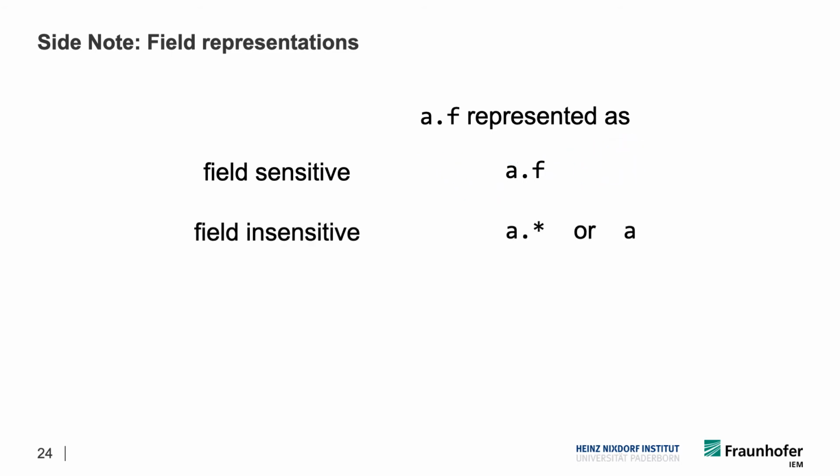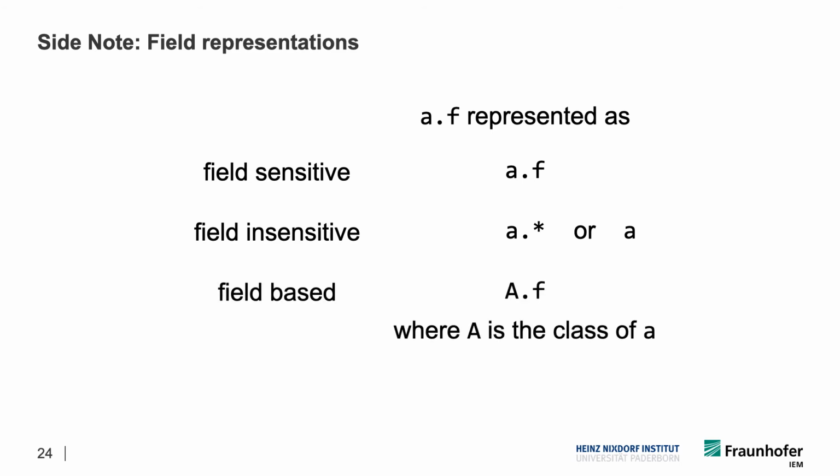But then there's also a field-insensitive representation, which is one where you forget about the field access itself. Here the access is being represented by A dot star, or sometimes also just A. So basically saying we know we have accessed the field of A, but we don't really care about which one. Okay. So you're basically representing the field by its owner object.